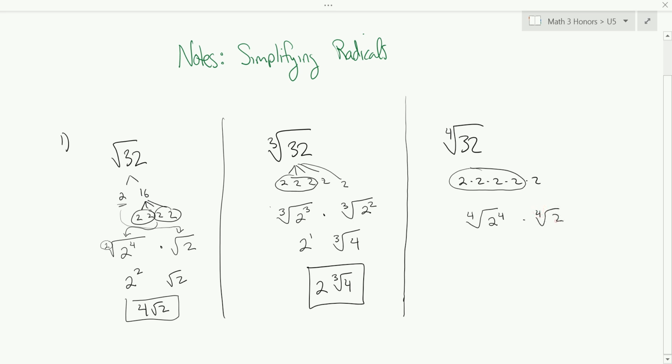You should be getting 2 times the 4th root of 2. Okay with that? Okay.